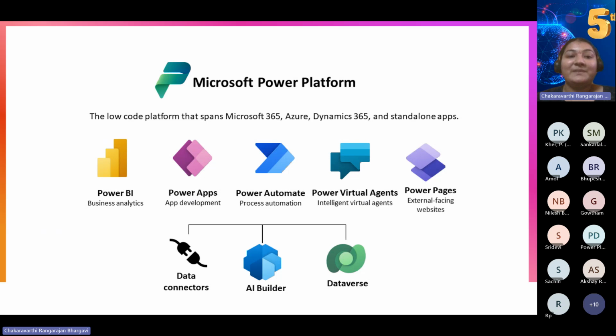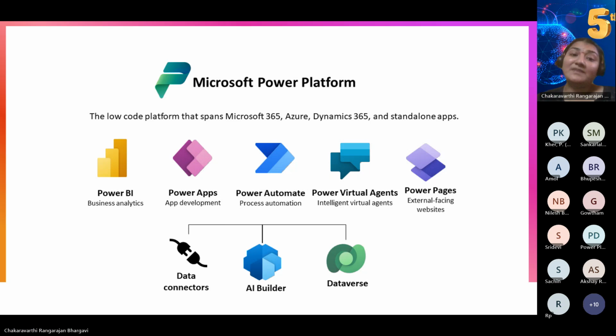So, Power Platform. I don't have to give a brief introduction of it right now because we have been in the Global Power Platform Bootcamp. Just as a heads up, it's a combination of all the tools like Power BI, Power Apps, Power Automate, Power Virtual Agent and Power Pages.